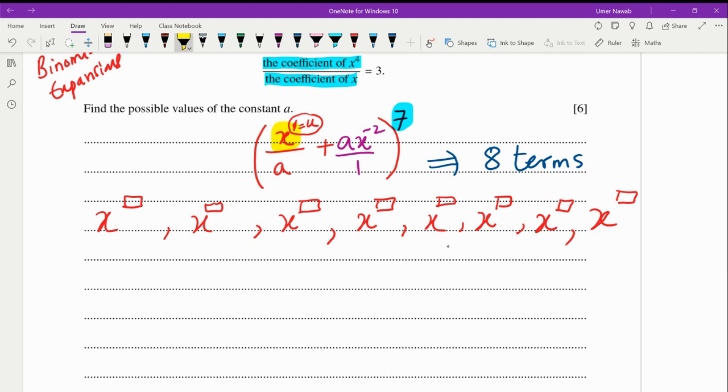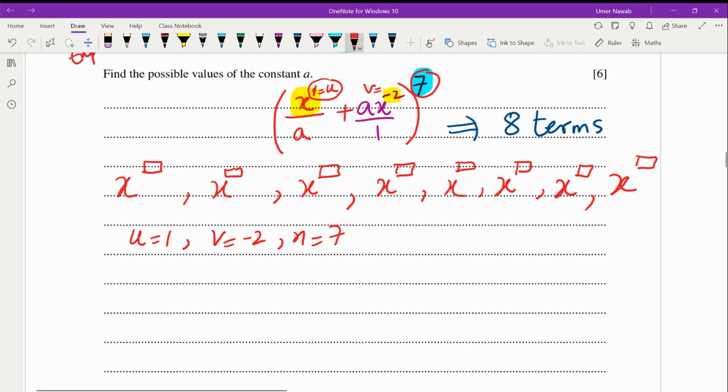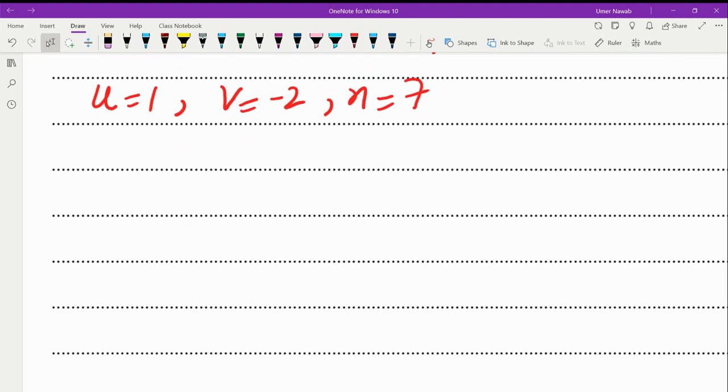So for me, this power of x will be called v. So my u is 1 and my v is negative 2. And what is the power I have? It is n. Because by using these three numbers, u, v, and n, it will tell you what will be the first power.